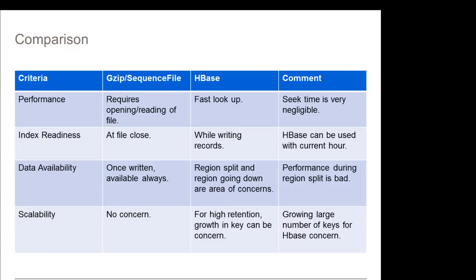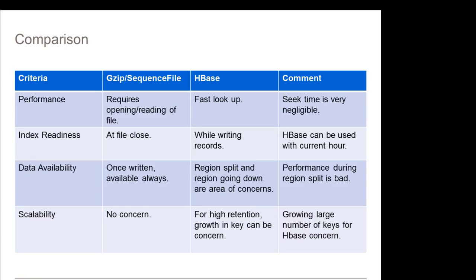So concurrent reading support may not be there, but there are other ways: you can keep writing the indexes every now and then, so you should be able to read the latest index also. The main challenge if you want to use HBase is that as the number of keys grows, you will have region splits and region servers going down.